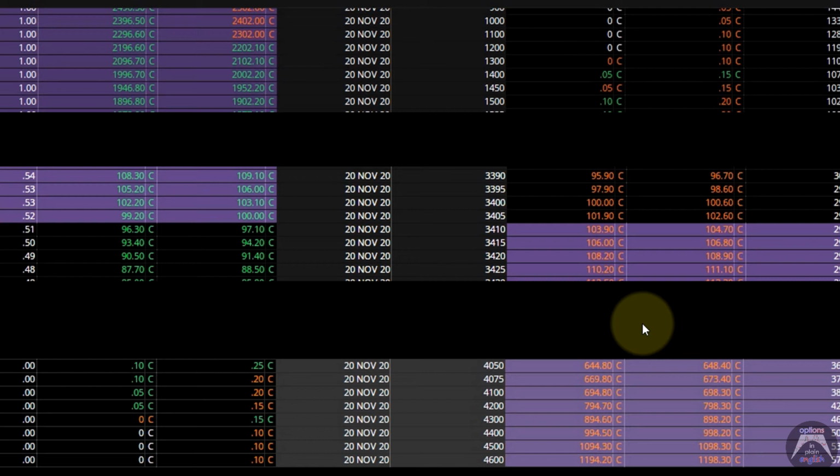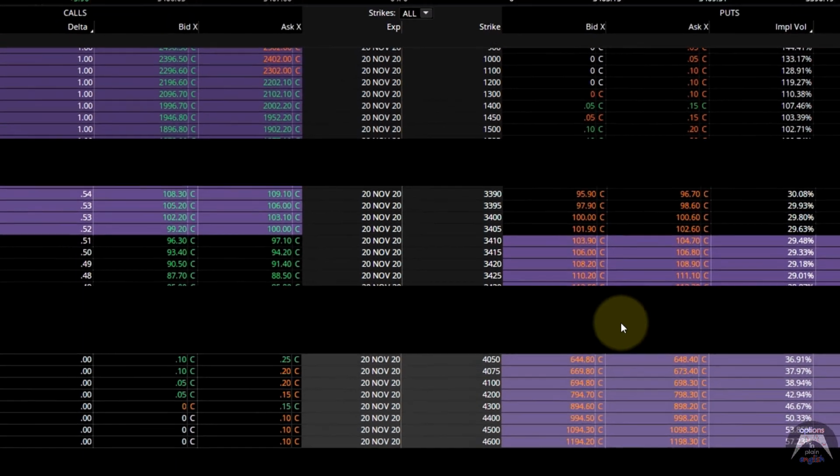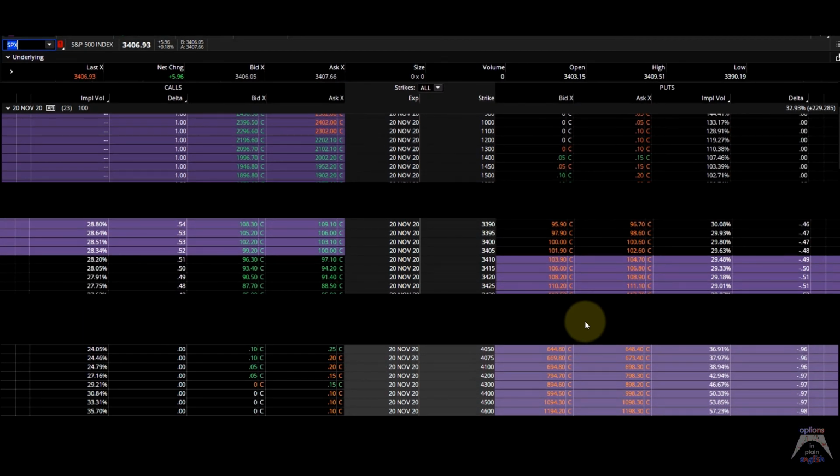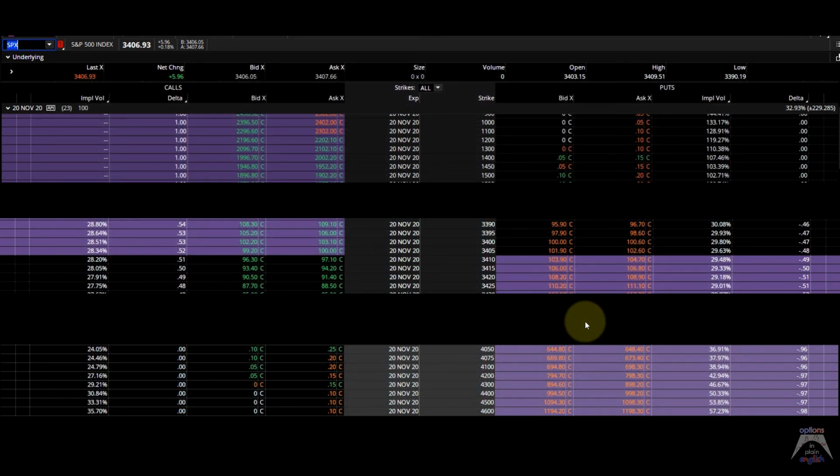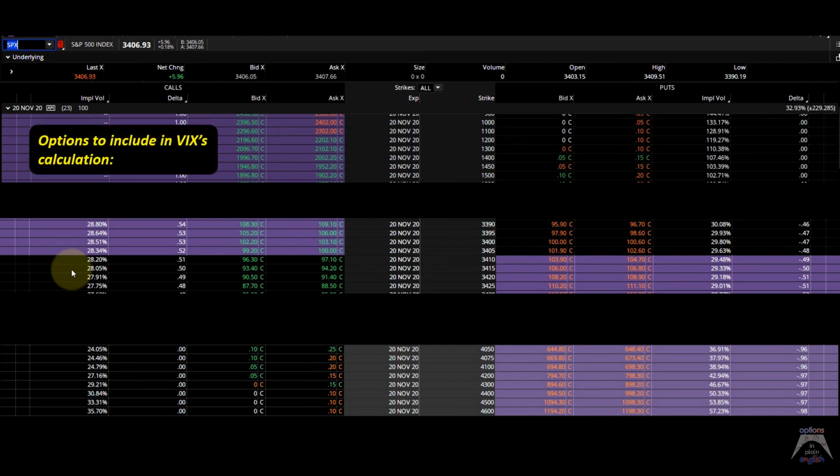Even though we're not going to apply the formula, it can easily be obtained if you read the VIX white paper put out by the CBOE. So we're just going to understand which options are used in the calculation of the VIX. And remember, it's always two different expirations. In this case, I'm analyzing only one. So which options are going to be included in the calculation of the VIX?